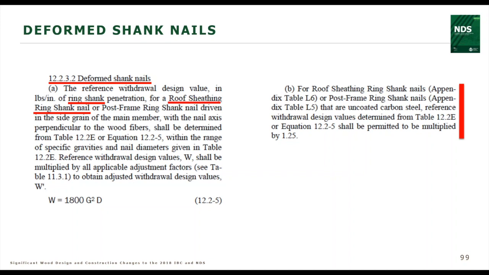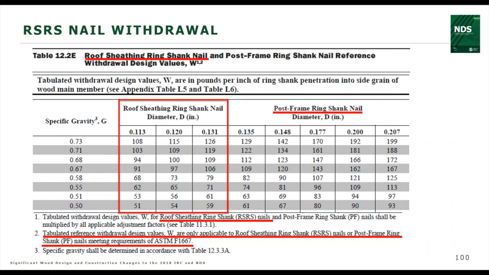We'll take a look at some different nailing schedules in a little bit, but using a roof sheathing ring shank nail can help either have a consistent nailing schedule across an entire roof structure, or have less tightly spaced fasteners. So there's definitely benefits to using these fasteners, and that's why we added them into the NDS.